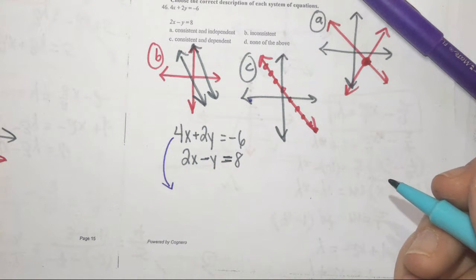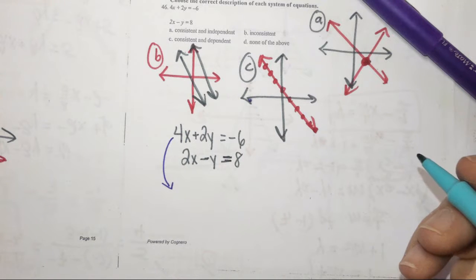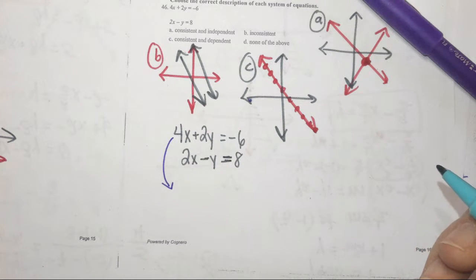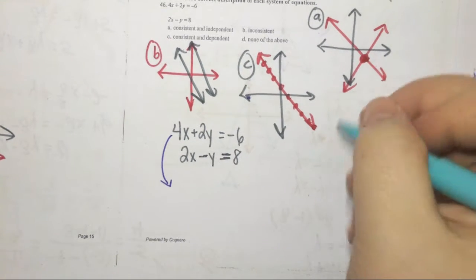I was not going to put it in slope-intercept. I thought, hey, you know how sometimes we can just recognize they're really the same equation?